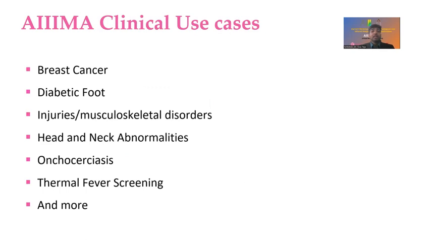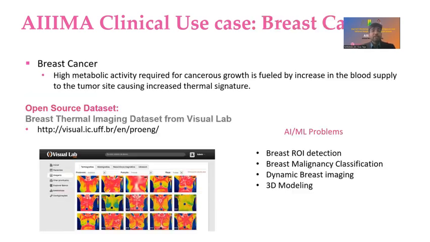Over the last few years, we have seen applications of AI over infrared images in medical usage in a variety of areas. I'll be briefly covering some of these areas in this talk. AIIMA for breast cancer is one of the predominant use cases.